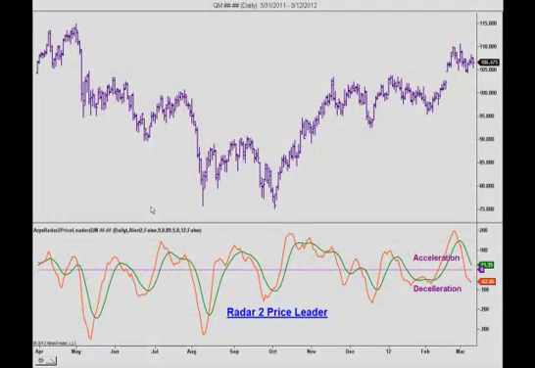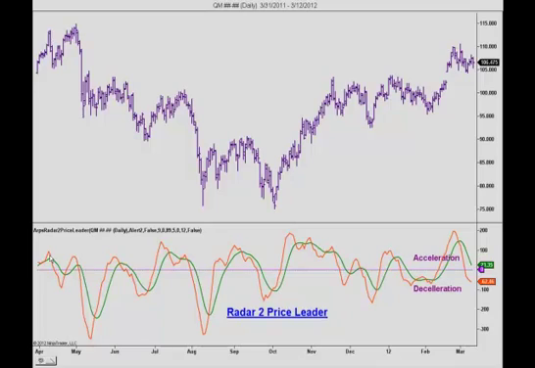So let's take a look at this Radar 2 price leader oscillator that is showing us such nice pullback divergences, and I'll tell you why it's the best oscillator for this type 2 pullback divergence. The reason is because the price leader is such a sensitive and dynamic tool. It's a two-line oscillator, as you can see. It's got a fast line which crosses over and under a slow line, and it's centered on 0.